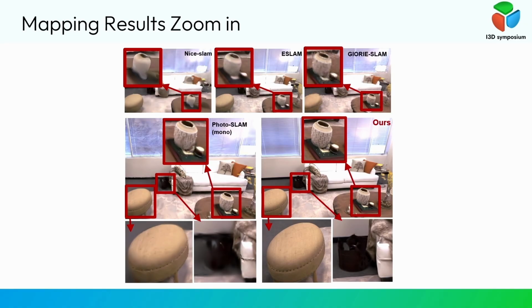You could see that the first two methods are NICE-SLAM and E-SLAM, which are SOTA NeRF SLAM methods, and also Go-SLAM and Photo-SLAM, which are monocular SLAM systems. These are Gaussian SLAM systems, the early Gaussian SLAM system which is SOTA, and this is our method. For the SOTA method Photo-SLAM, it's already very good at scene representation, but we still have slightly more details compared with Photo-SLAM here.